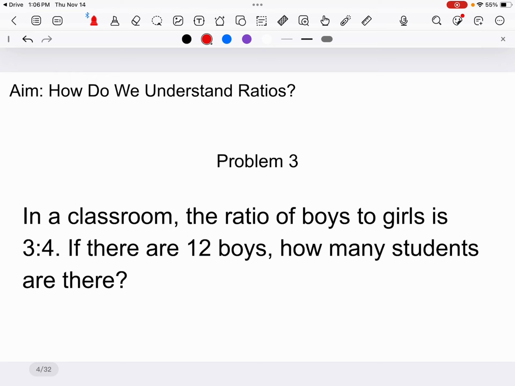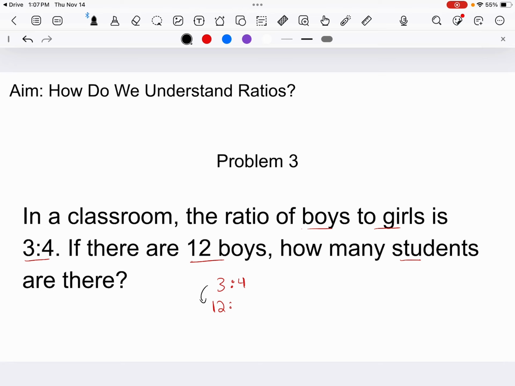In a classroom, the ratio of boys to girls is 3 to 4. If there's 12 boys, how many students are there? So our ratio is 3 to 4. That just means that's what it is when it's reduced. If there's 12 boys, I can determine how many girls there are.